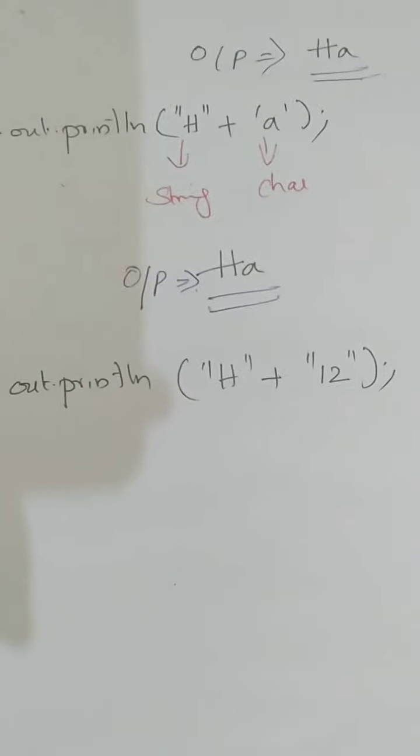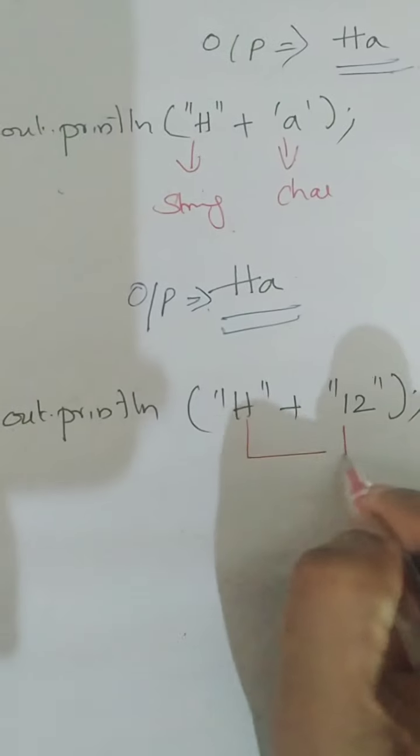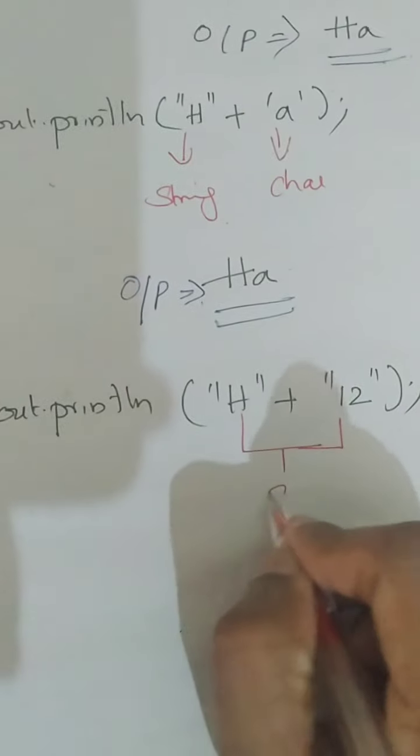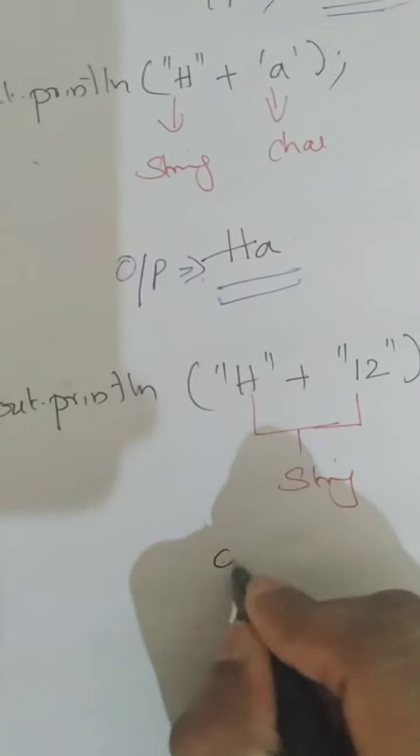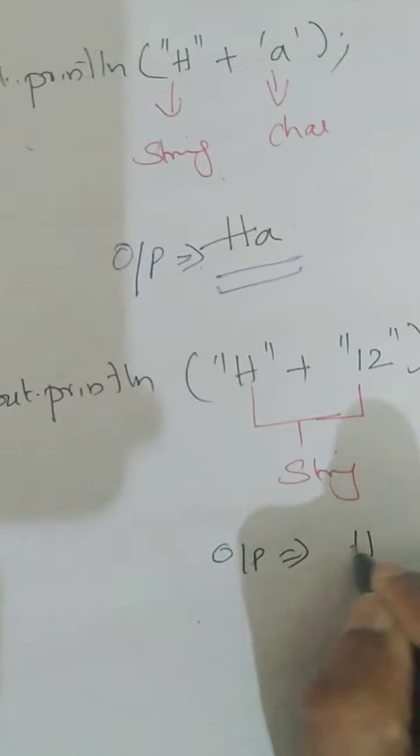Next, what is the output? Again, both are coming in double quotes, so both are strings. So it will give a concatenation. So the output will be H12.